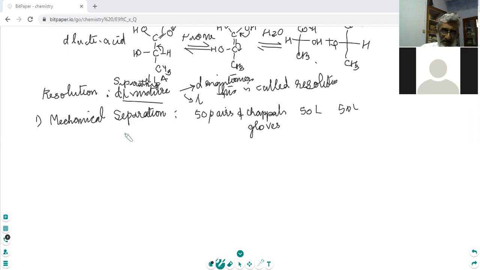So in the case of these compounds, what you can do is crystallize the racemic mixture slowly from a suitable solvent.